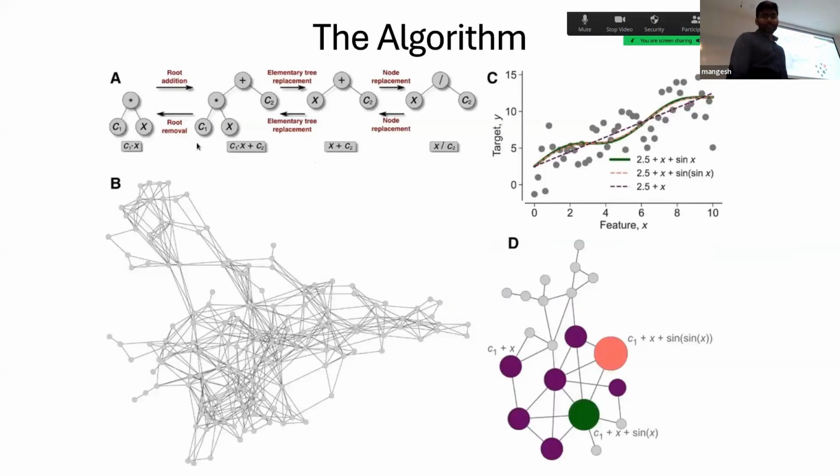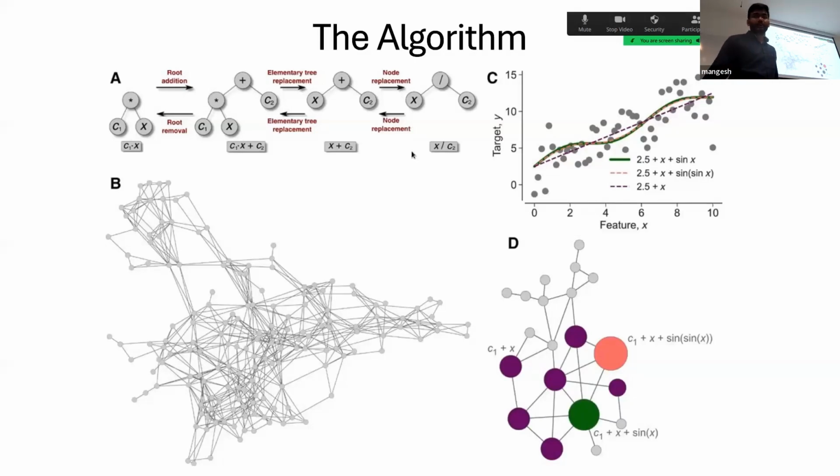Okay, so this is the algorithm. Similar to previous ones, we are allowed to change the root. That is this part. We can add things here or remove things from here. Then you can do replacements. So instead of a variable, you replace it with a constant. You can do node replacements, and you can add additional branches down.